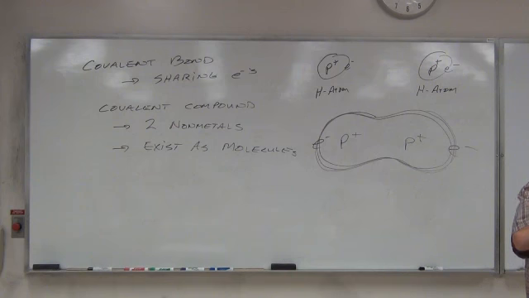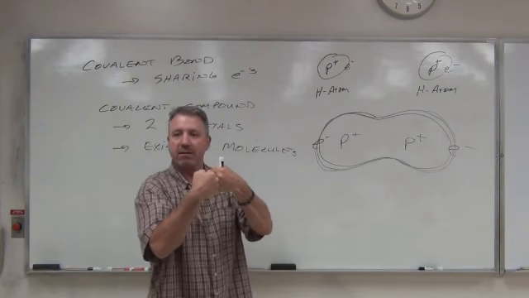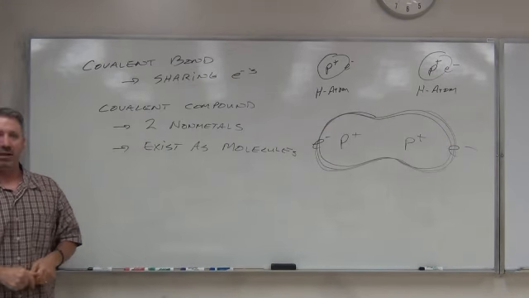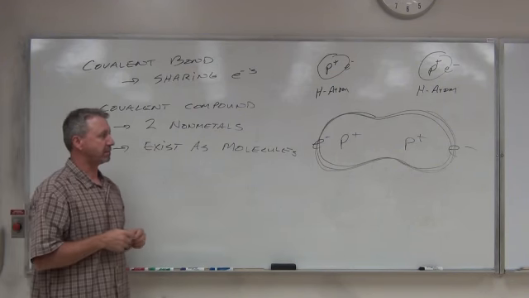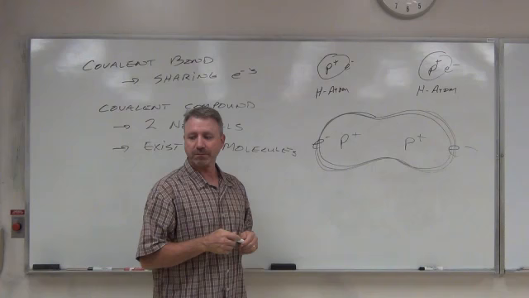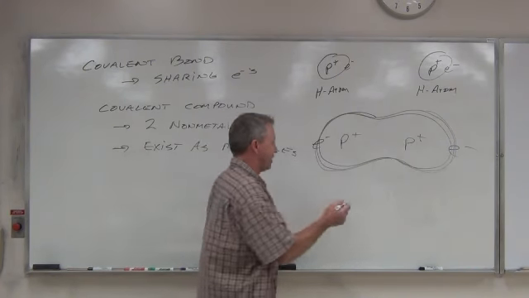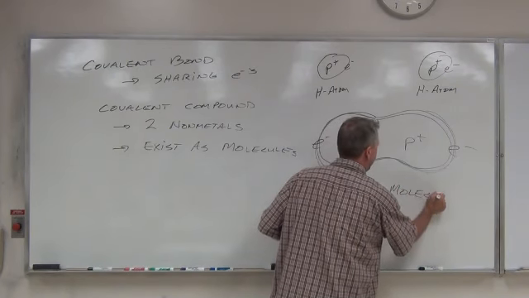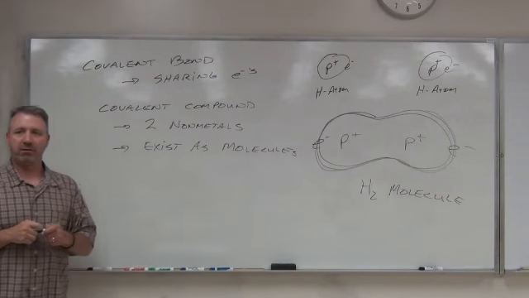It's not like ionic, where we had a transfer of electrons which resulted in a positive and negative charge, and then opposites attracted. These are actually being orbited by electrons. It's a covalent bond. Okay? Now, this is an H2 molecule, a hydrogen molecule now.